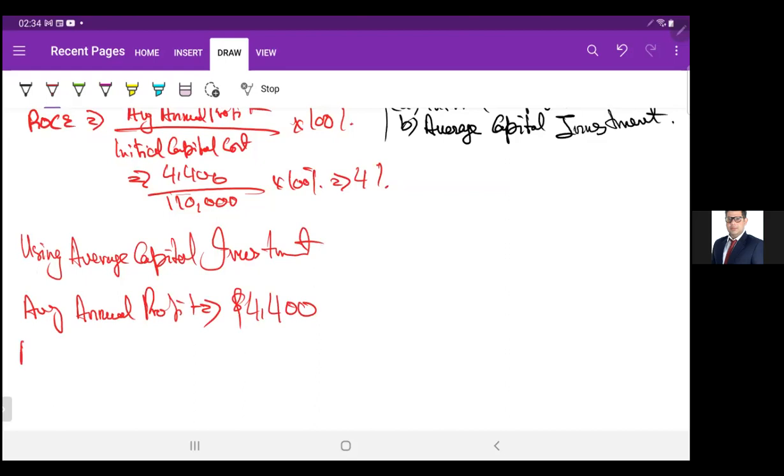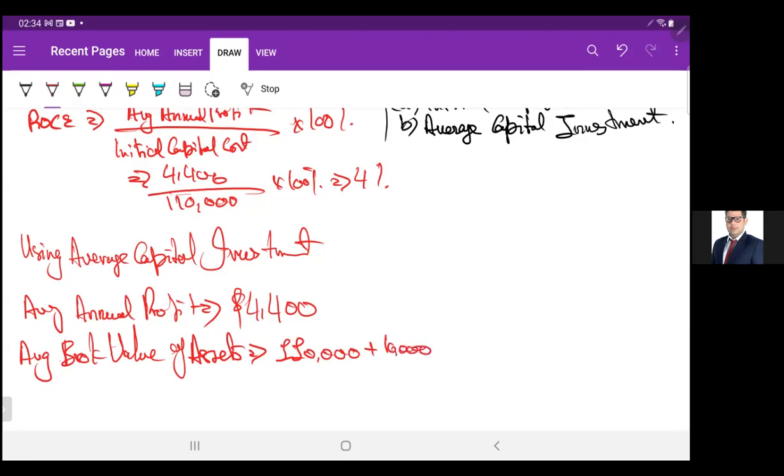Average book value of assets is equal to 110,000 plus 10,000, divided by 2. We will get $60,000.